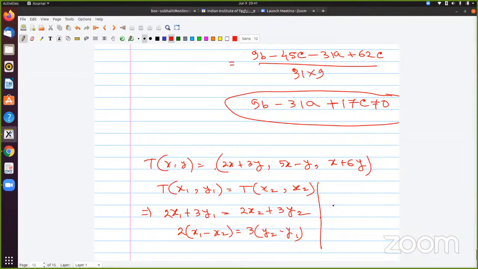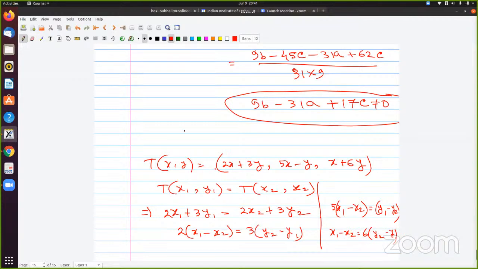And the third one comes to x1 minus x2 is equal to 6 times (y2 minus y1).